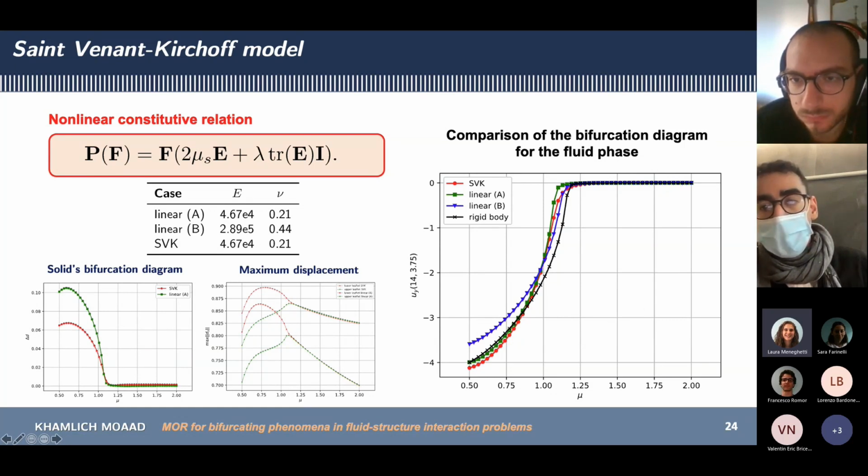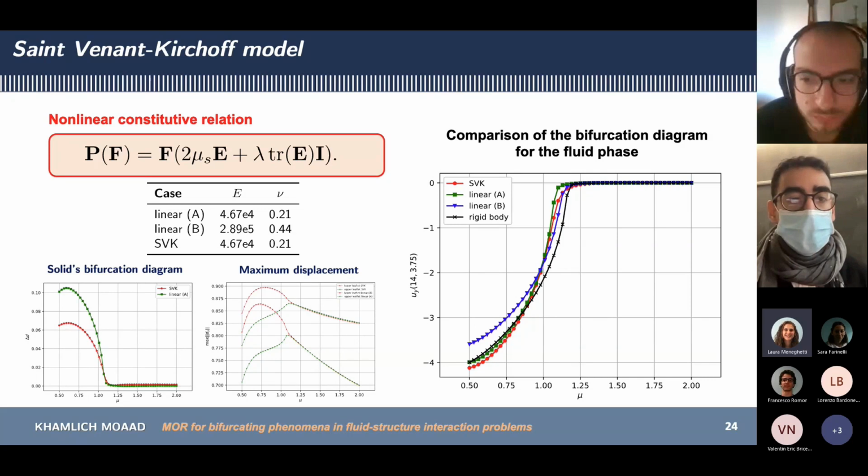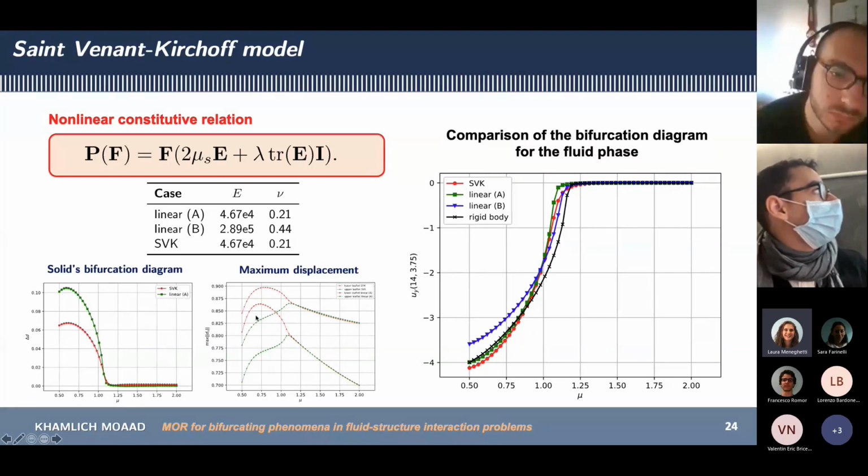And what we have seen is that the deformation for the SVK model is greater than the one of the linear one, and this can be seen in this plot. I'm sorry because the labels are really small, but basically this is the behavior for the SVK model for the upper and the lower leaflet, and these are the ones for the linear one.